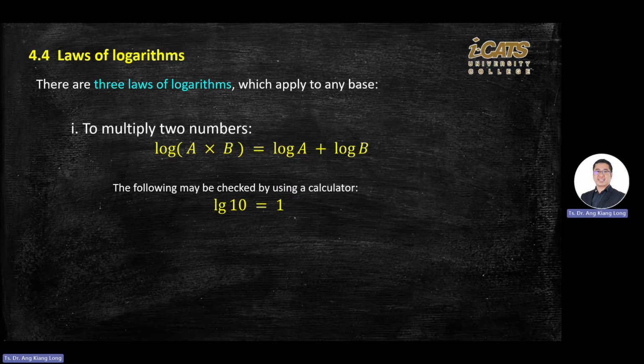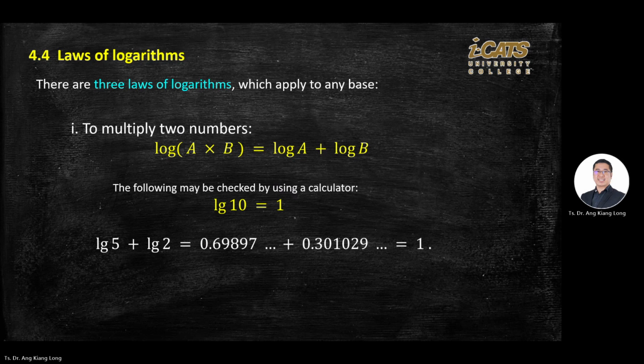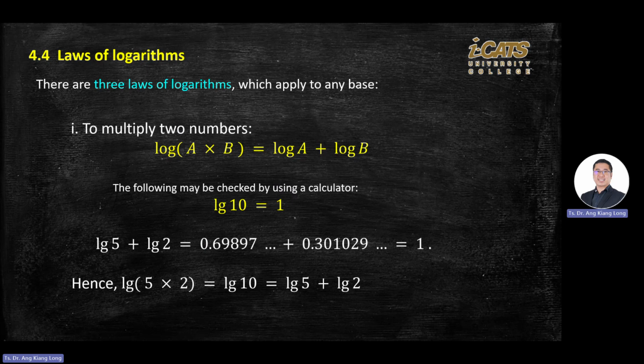For example, log 10 is equal to 1, right? Log 10, you can break the 10 into a factor of 2 and 5. In some engineering questions, you need to further define the log number.